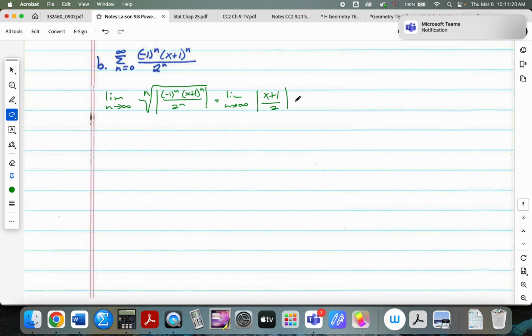We want that to be less than 1. So multiplying both sides by 2, I don't have to write the limit anymore because all the n's are gone. All right. So we've got the absolute value of x plus 1 is less than 2.